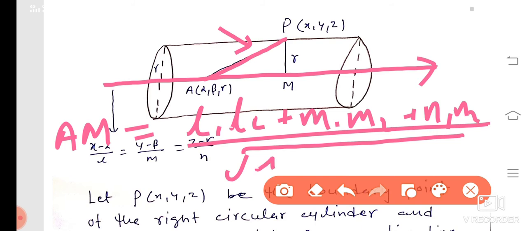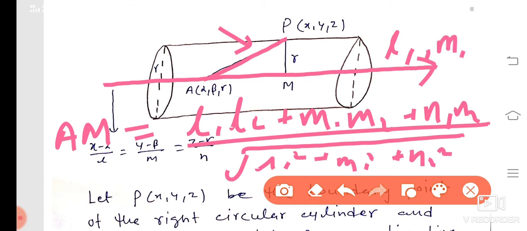So in this case, what are L1, M1 and N1? L1, M1 and N1 are the direction cosines of the axis of the cylinder. And what are L2, M2, N2? The direction cosines of the line AP.